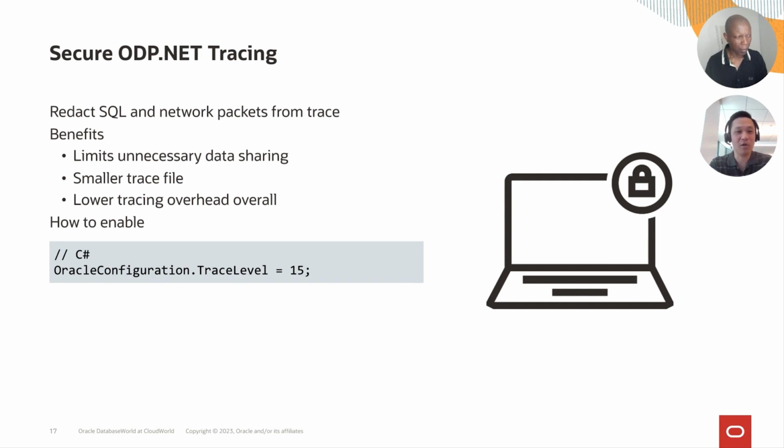You can tell ODP.NET, don't trace the SQL, don't trace the network packets, and that will further reduce the amount of trace that you have, and also of course make it more secure to share that trace file with others, whether in your organization or outside your organization. To enable that, you use this Oracle configuration trace level and set it to something like 15. It's actually trace level 8, but usually when you want to collect more trace data, you're going to set it to something like 15.